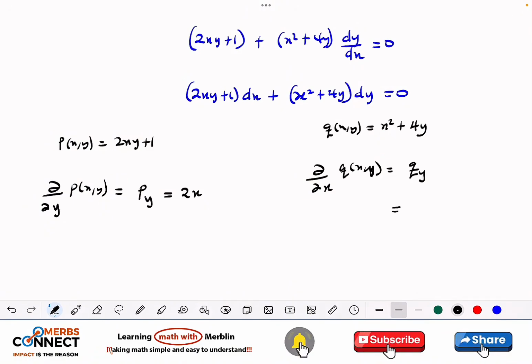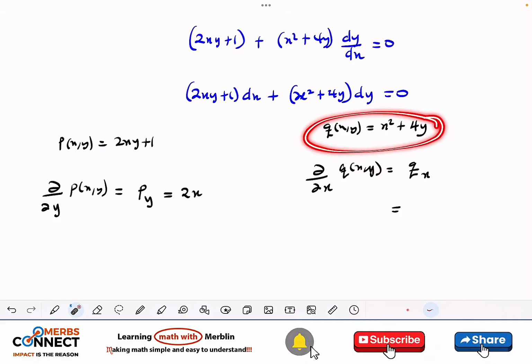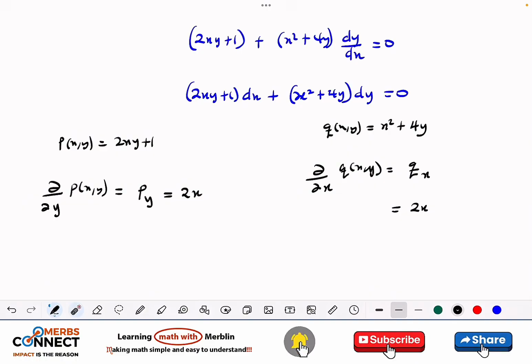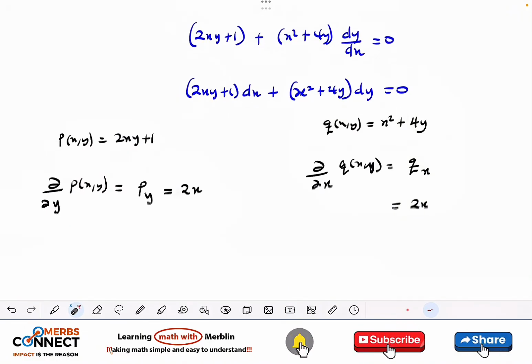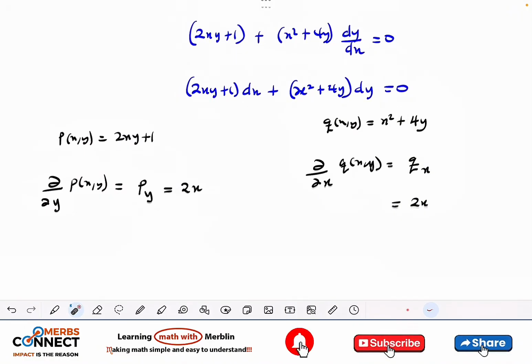Now let's differentiate this with respect to x. When I differentiate x squared, I'm going to have 2x. When I differentiate 4y, since there is no y, it's a constant. And when I differentiate it, it gets to what? 0. So what will be the conclusion here?